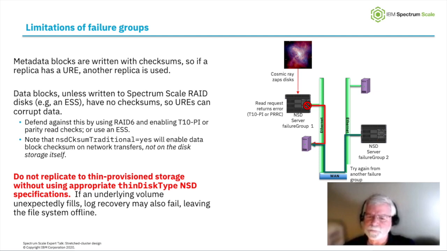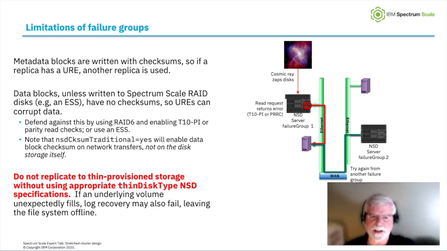All right. So one final comment is be really careful with using thin provision storage. Unless you're able to use, with version 5.0.4 and later, the thin disk type NSD specifications, you don't want to put metadata or replicated data on a thin provision disk.